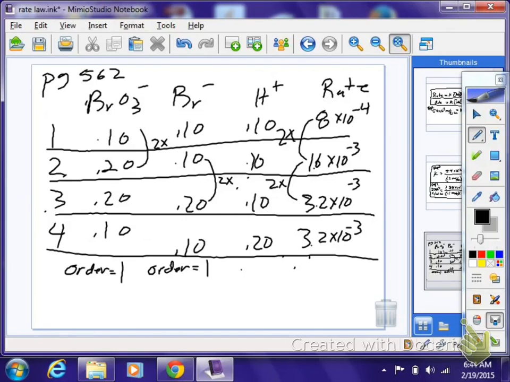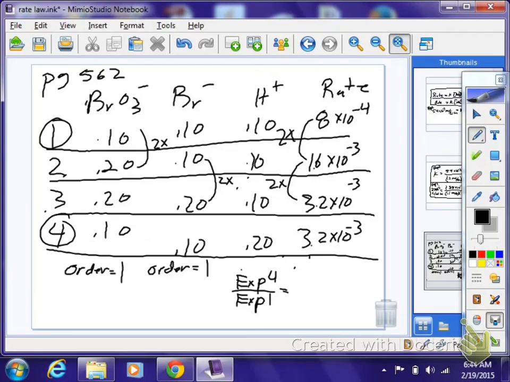So if we look at experiments 1 and 4, we're going to have to take a look at H plus doubling. Right, so when H plus doubles, which it's doing, we're going to go ahead and show what happens to the rate. So we'll do like we did before. Experiment 4 and experiment 1.